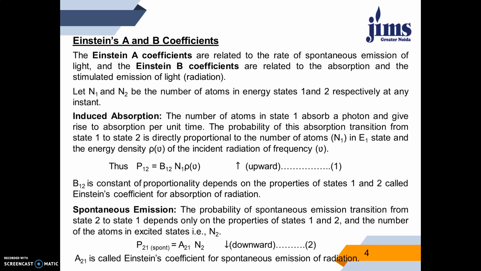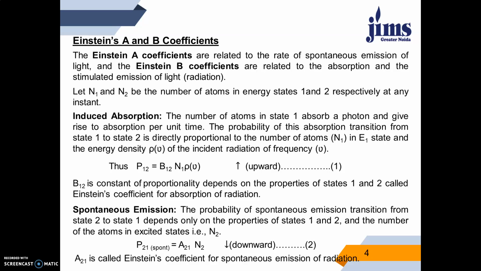What is rho nu? Rho nu is the energy density of radiation incident on the atom in lower energy state. Then the probability is proportional to N1 and energy density of rho nu.